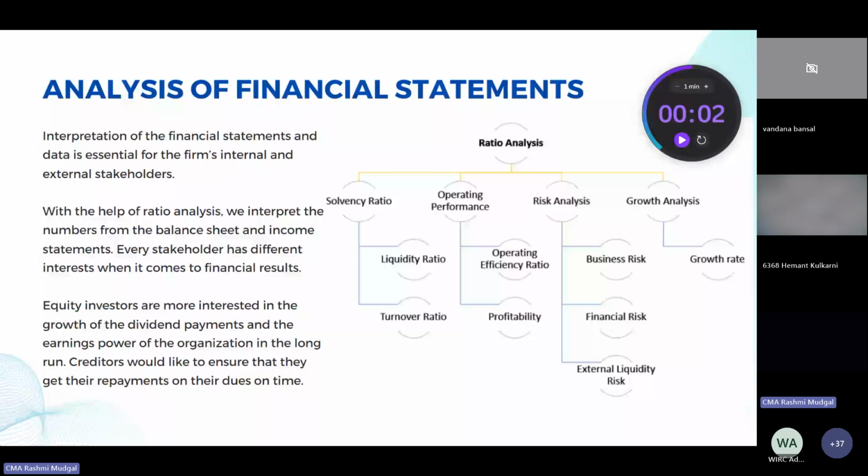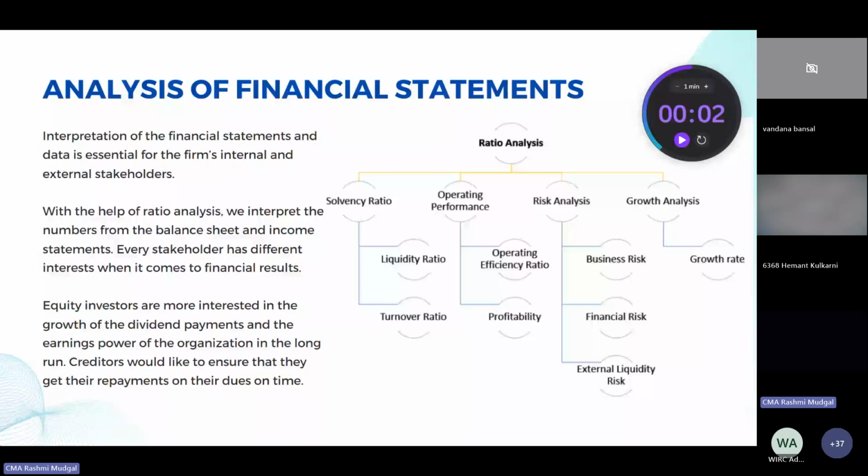Interpretation of the financial statement and data is essential for the firm's internal and external stakeholders. Equity investors are more interested in the growth of the dividend payment and earning power of the organization in the long run.